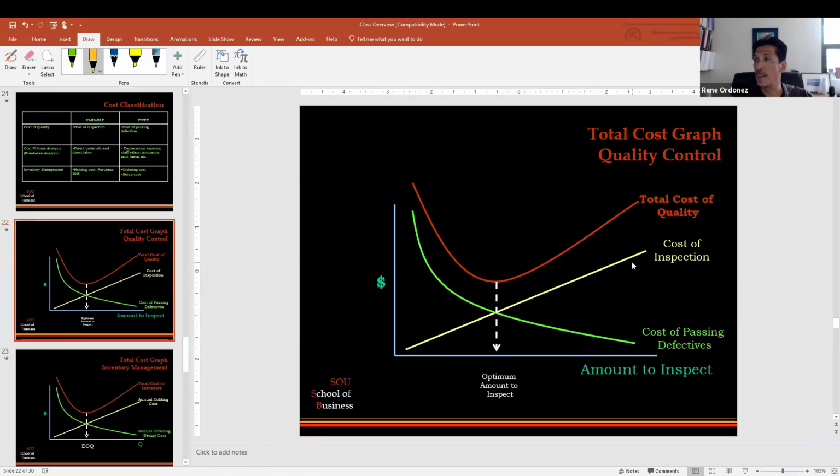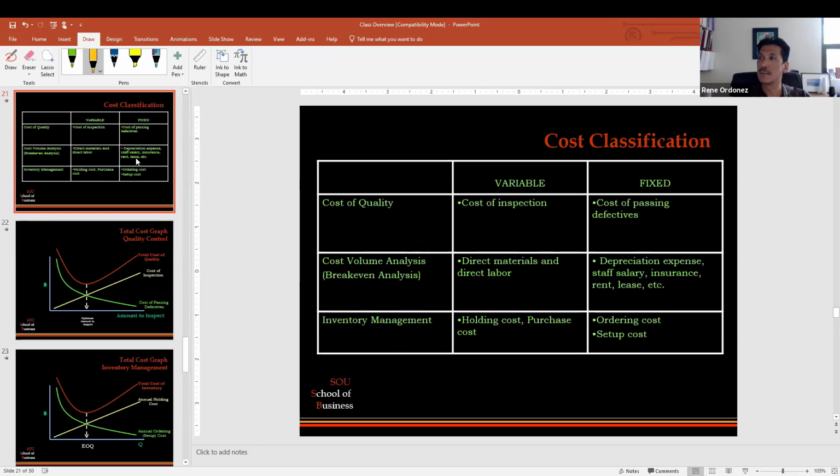The cost of inspection goes up. But the trade-off is that if you spend on quality control, such as more inspection, the cost of passing defectives will drop like this green curve here. All right, so there's that trade-off we're talking about here.